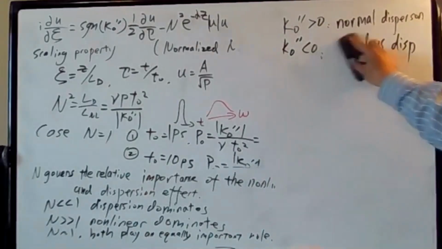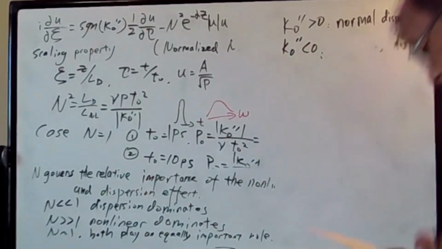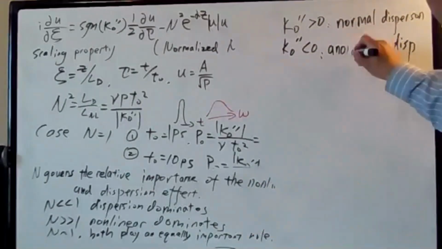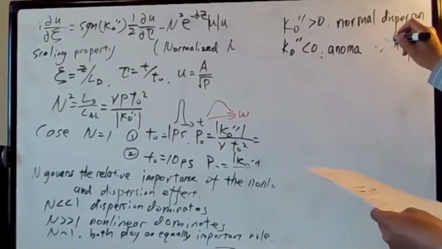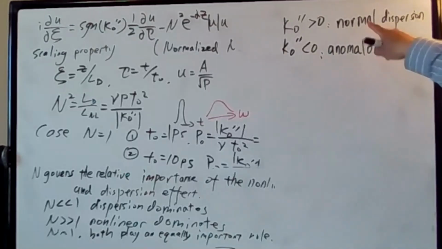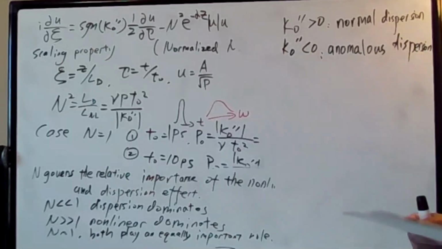Let me write it more clearly. So we have normal dispersion and anomalous dispersion.